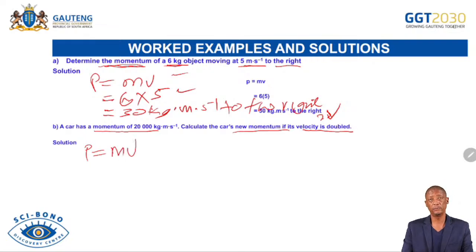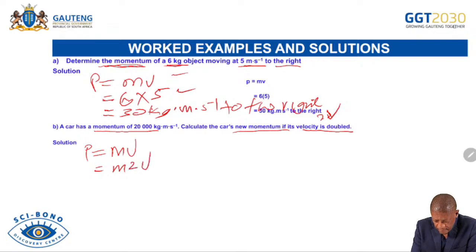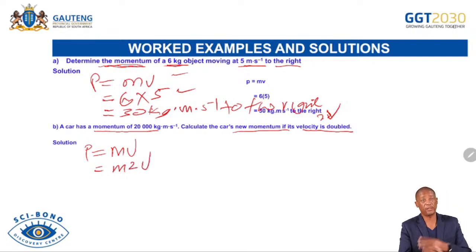This is what we know from the data sheet. But now, if you look at this formula, we are told that we have this mass, but our V is double V. That is what we know.